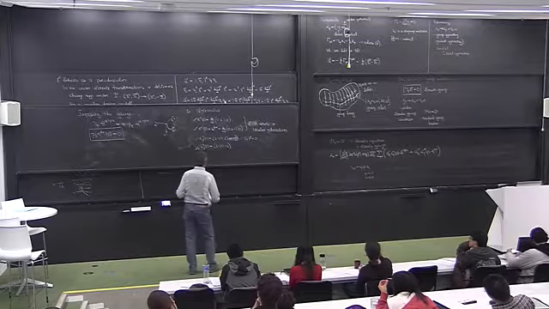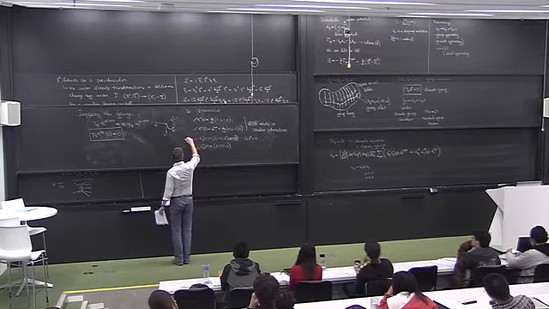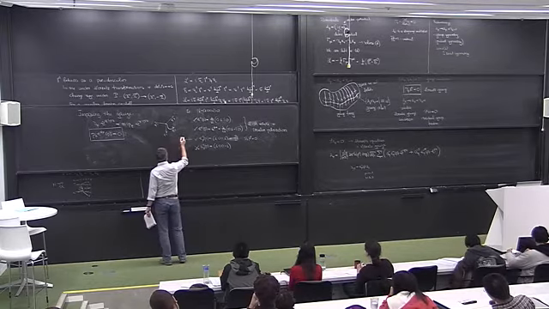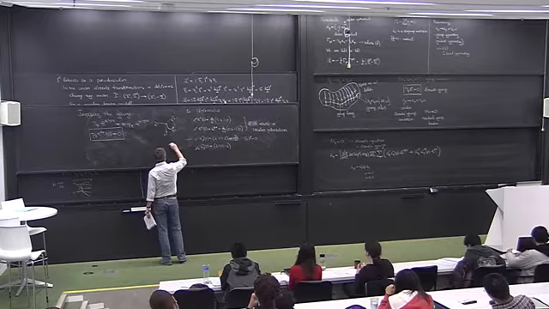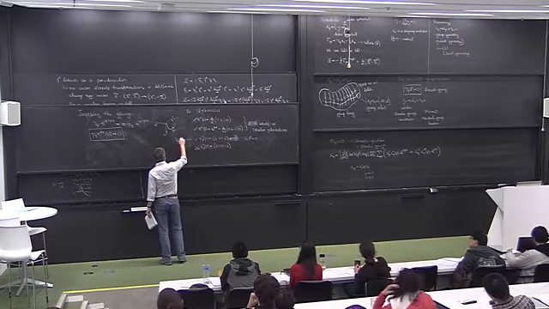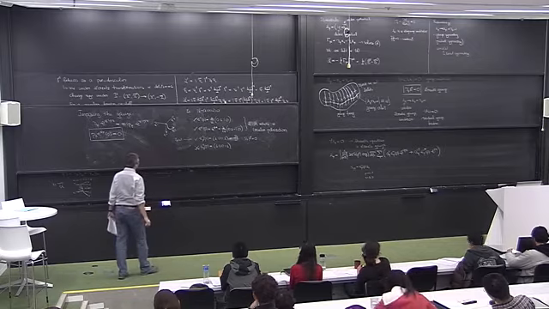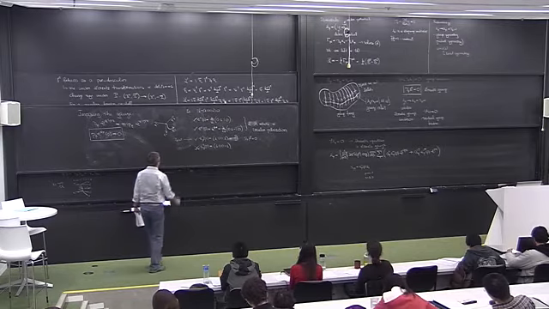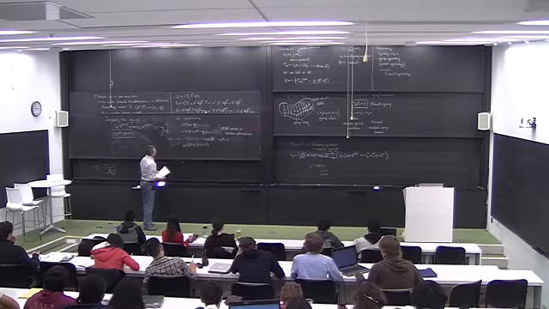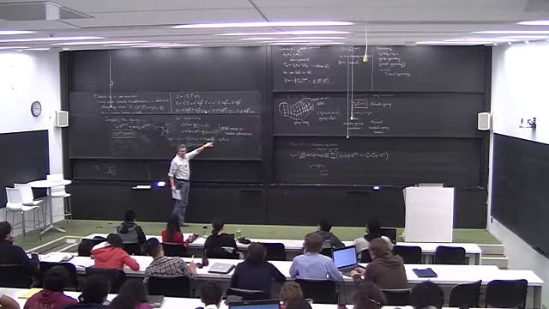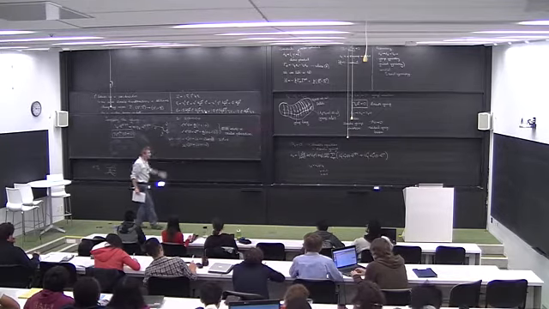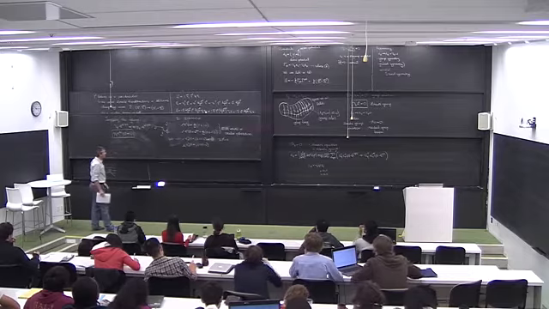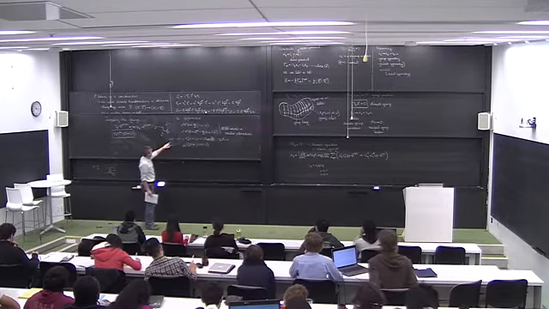So the claim is that this vector corresponds to a total derivative. Again, this omega is not the same as this omega. Sorry for using the same letter for different quantities. How to see this?